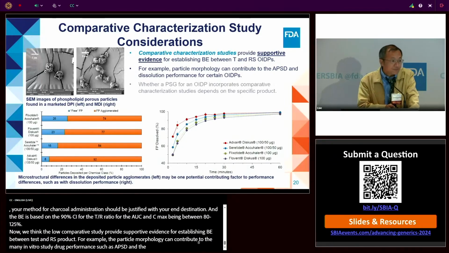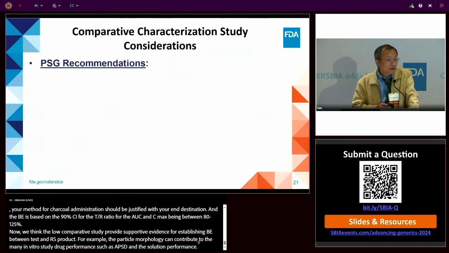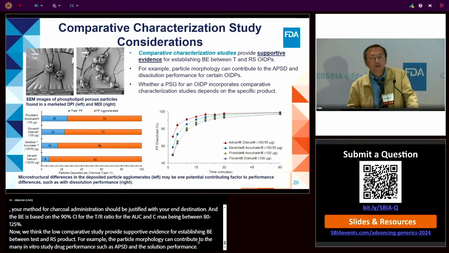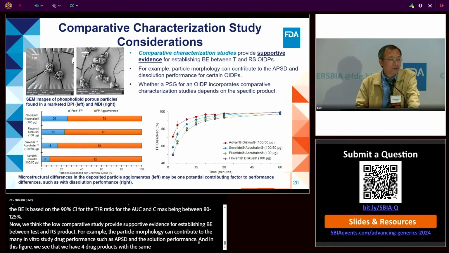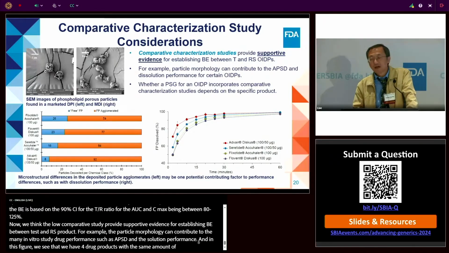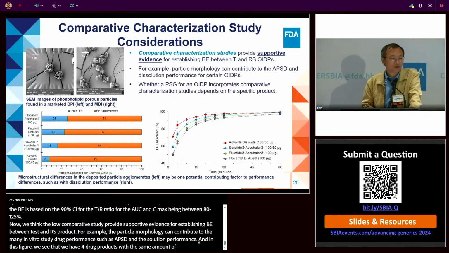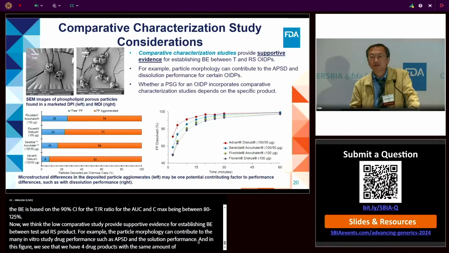And in this figure, we see that we have 4 drug products with the same amount of the fluticasone. But the morphology, so the imaging study shows that there's different free fluticasone and the fluticasone associated with lactose. And these different association status can be detected by the dissolution study on the right.